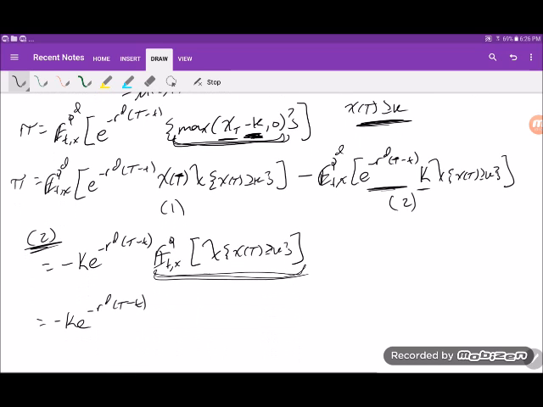There's Q_d, sorry about that. So it's just the probability, the Q_d probability that the event occurs. So the Q_d probability that X_T is greater than K.